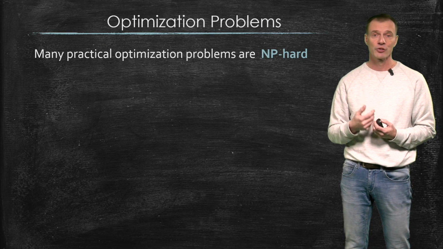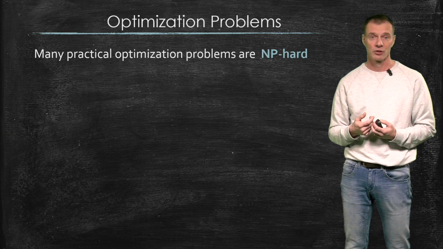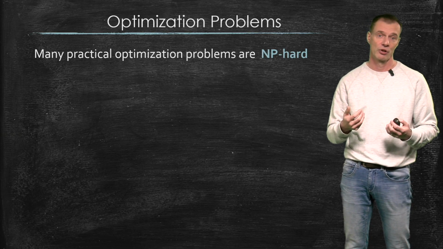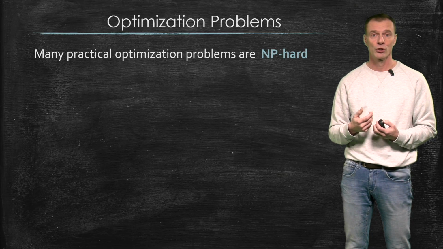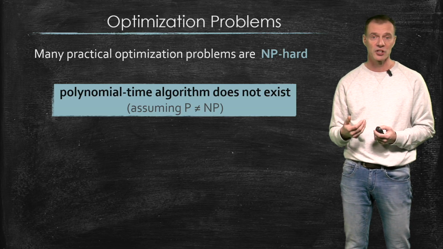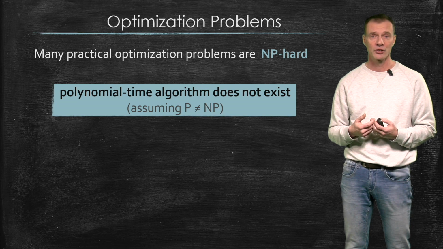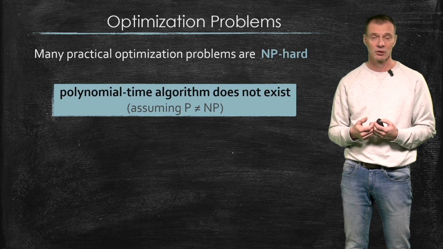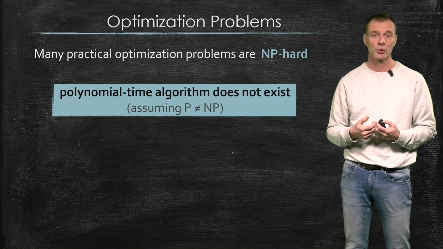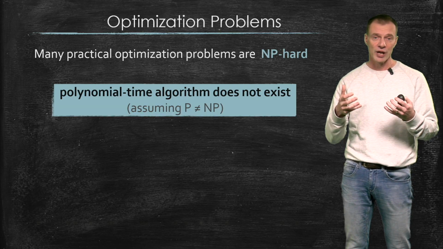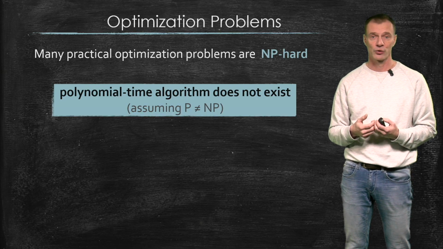Unfortunately, many of these problems are very difficult, and in technical terms, they are NP-hard. For us in this course, we're not going to look more formally at what NP-hard means, but it's enough to know that if a problem is NP-hard, then assuming P is not equal to NP, which is something that all computer science researchers believe to be the case, you cannot get a fast algorithm.